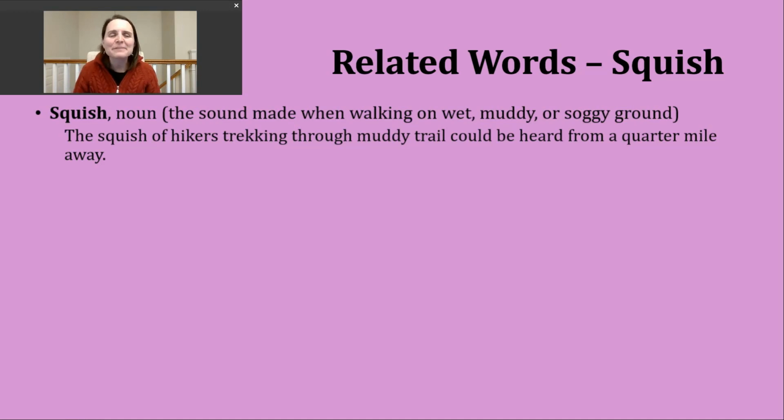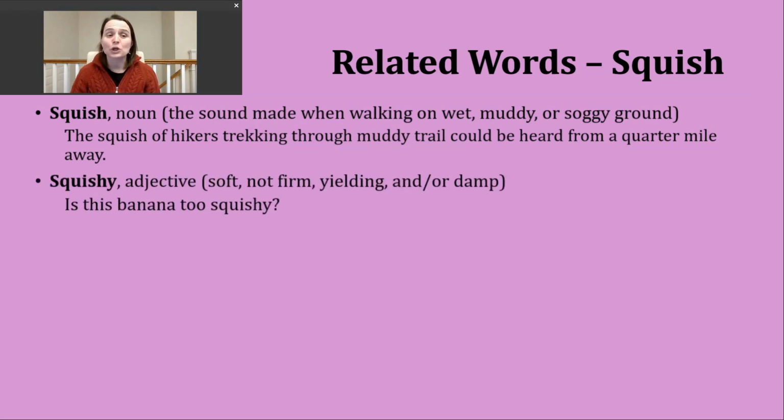So an example of this might be, the squish of the hikers trekking through the muddy trail could be heard from a quarter-mile away. So maybe we have a really, really muddy area. Maybe there are lots of hikers in this particular group, and the sound their shoes are making as they lift their feet and hike sounds like a really loud sound from this sentence.